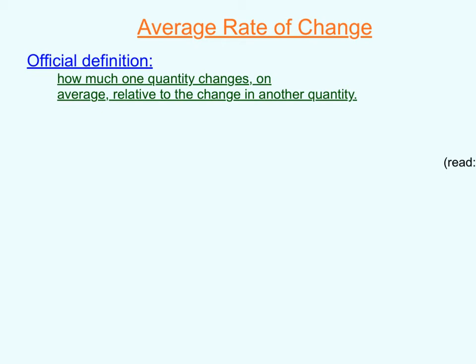So how much does one quantity y change relative to a change in another quantity x? Okay, so really read that as slope with a real life application. So using slope only in real life situations is really what rate of change is. So one more time, rate of change is slope.